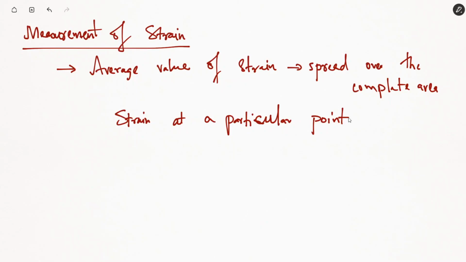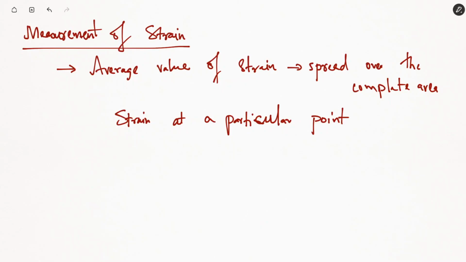It may be possible only if the strain is uniformly exerted over a particular area. Say, for example, we take a big sheet of metal, and at each and every point the same amount of strain is being exerted. Then the average value of strain will be equal to the strain at a particular point.